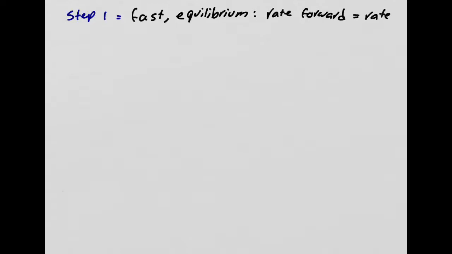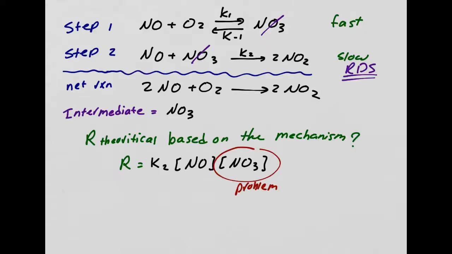Step 1 is my fast reaction, and I have an equilibrium. What equilibrium means is that the rate of the forward reaction equals the rate of the backward reaction. So far so good? Okay, because I have an equilibrium going on.